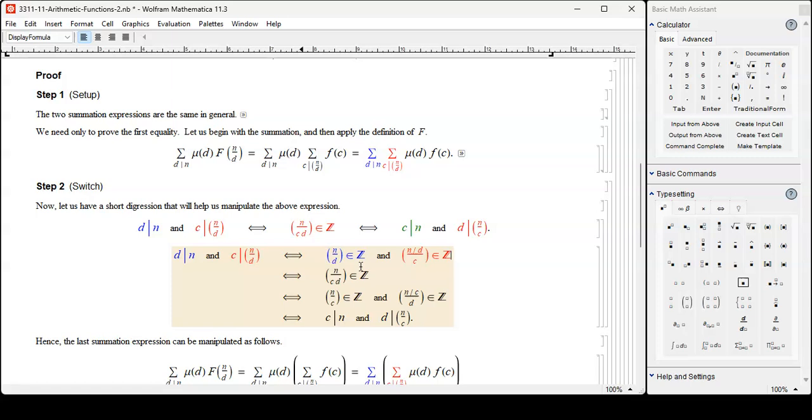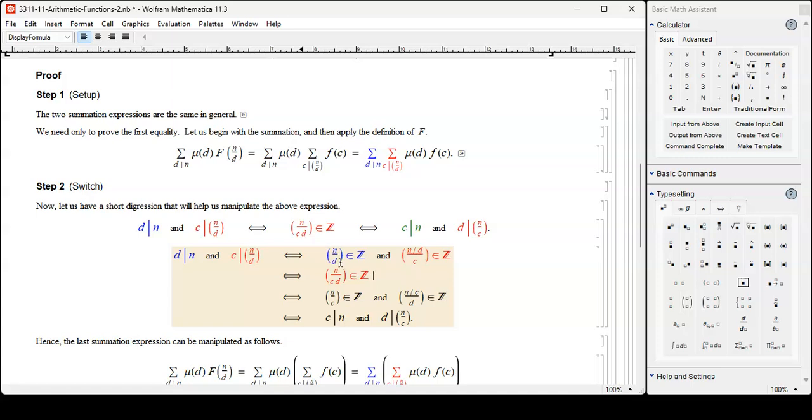So N over D is an integer, so divide C again, so we get something stronger. And then manipulate this, push D to the other denominator, then we get this expression here, and please take a good look at this. This red condition is stronger than this blue. So this red absorbs this, and we just have this. Blue just disappears because we don't need it. It's an absorption law. This is stronger, red is stronger.